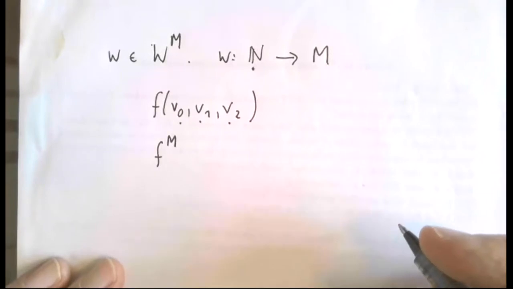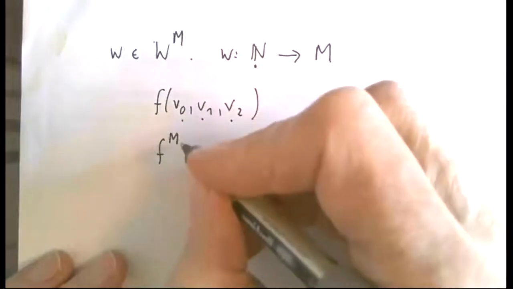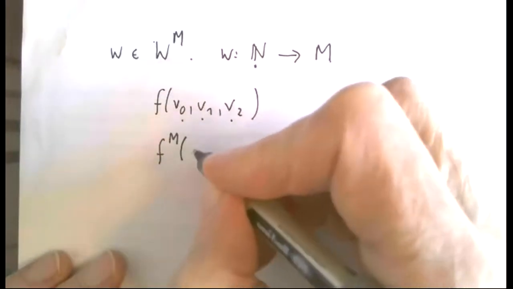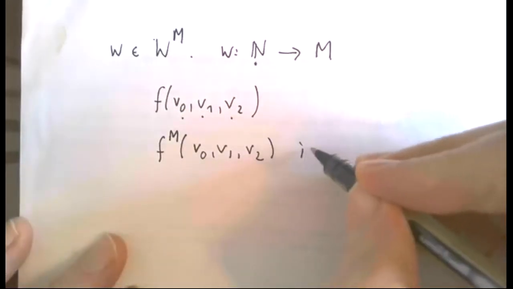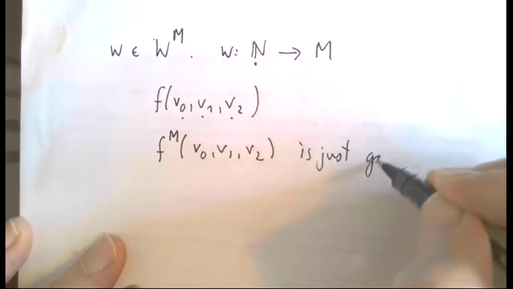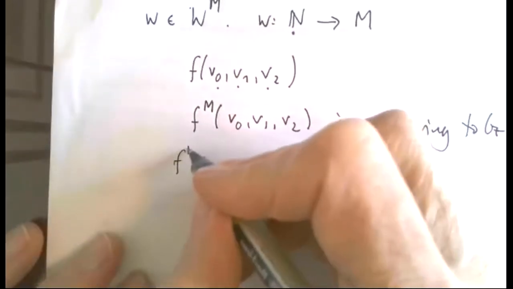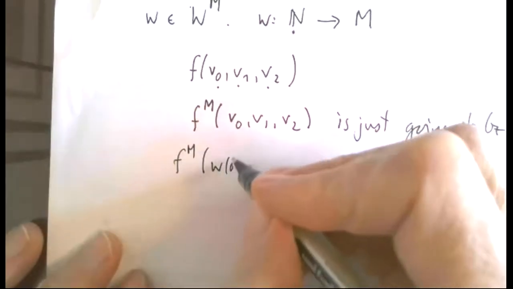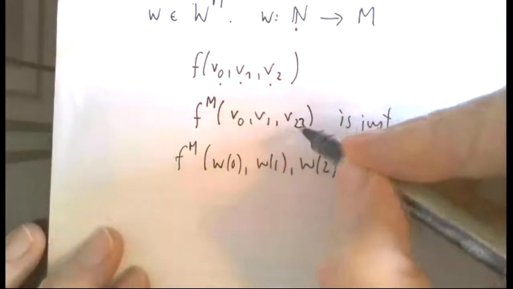So the interpretation of f on these variables is just going to be f^M on whatever w0 is, w1 is, and w2 is.